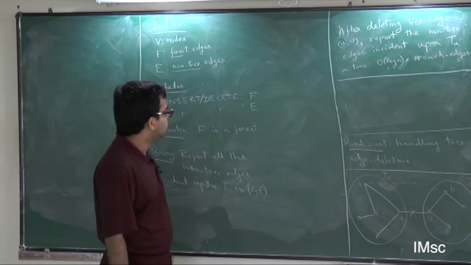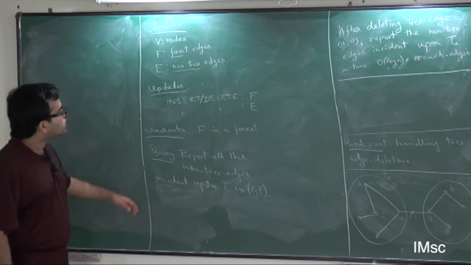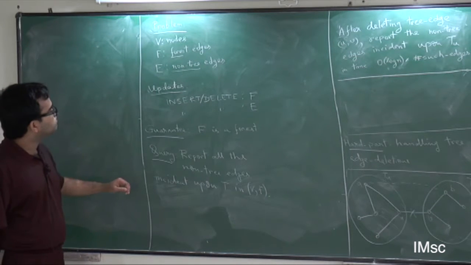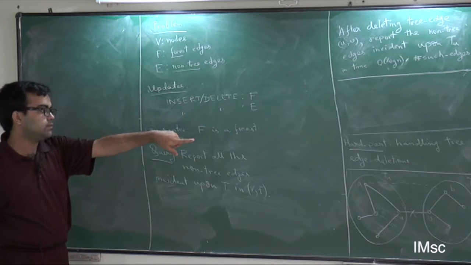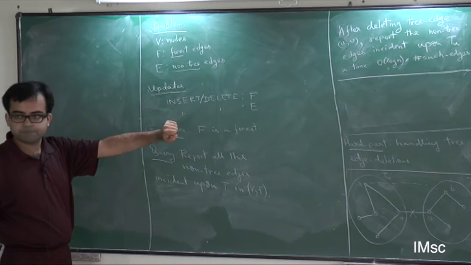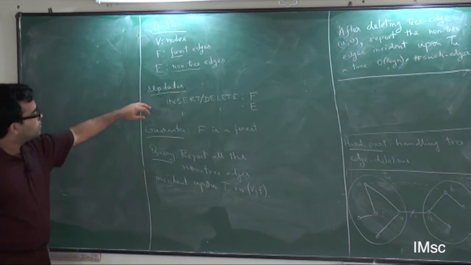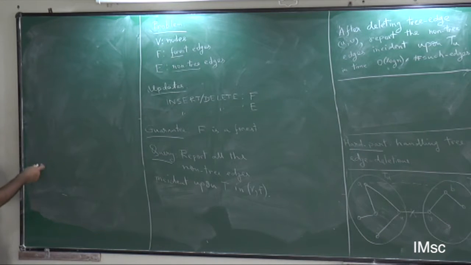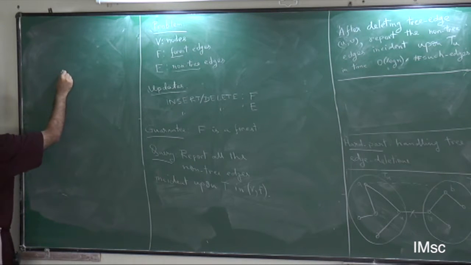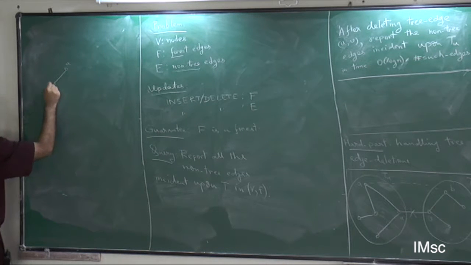Now, how can you do that? So, note that insert and delete in F you can handle using ET trees. For insert and delete of non-tree edges, the idea is actually not too difficult. Basically each ET tree corresponds to a list.